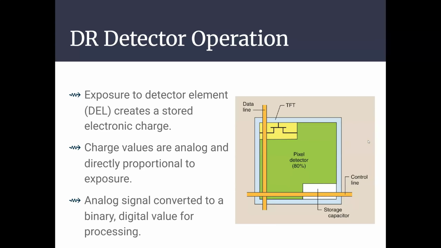All right. So exposure or X-rays that reach each detector element create a stored electronic charge, depending on the amount of exposure that reaches them. Charge values are analog and are directly proportional to the exposure. I want you to think of it like this. They're going to have a number. Let's imagine that the number is between 0 and 100.